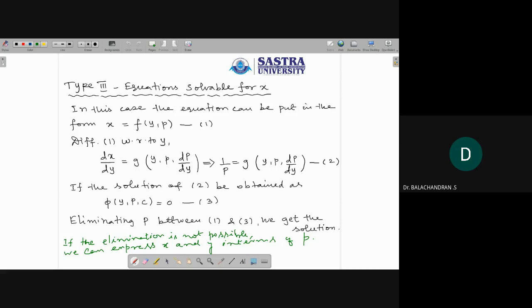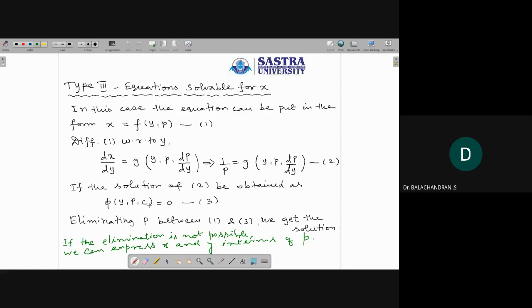If it is possible, we will get the solution. If the elimination is not possible, we can express x and y in terms of p. So these together give the solution of the given differential equation.